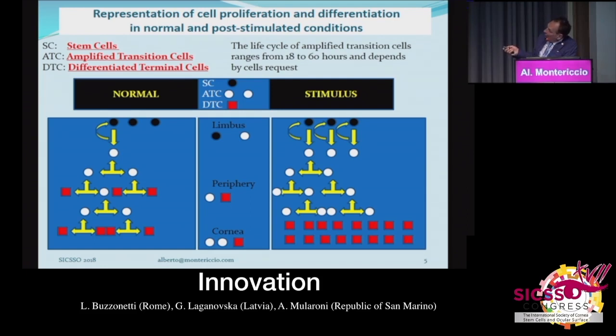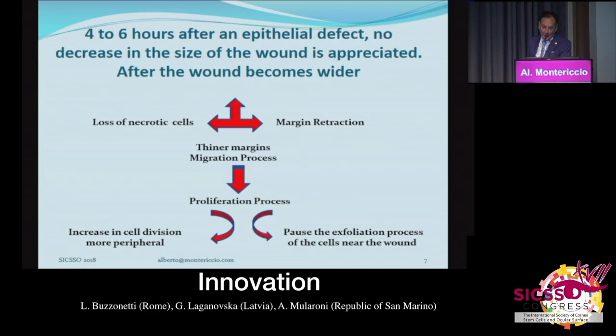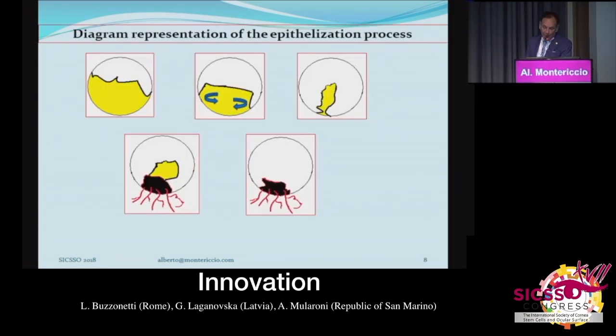But if a stimulus is provided, we activate all stem cells, and so we have a very big amount of ATCs, as well as terminal cells, which are the ones that have to make up for the corneal damage. And there are three different processes underway here, in how the healing or gliding process takes place: the migration, the proliferation, and the addition stage.